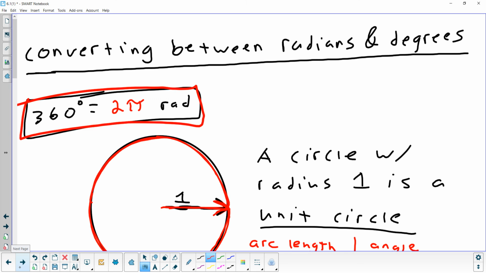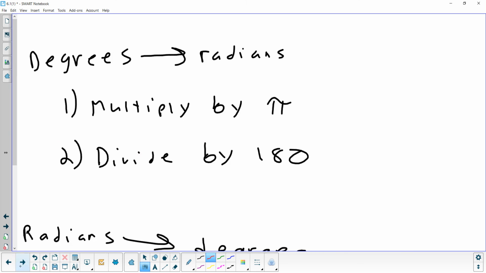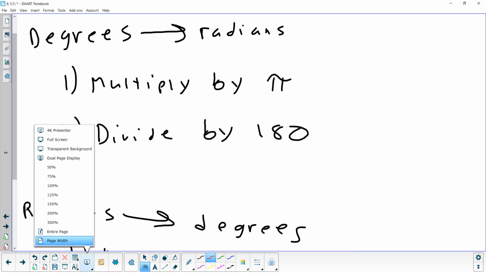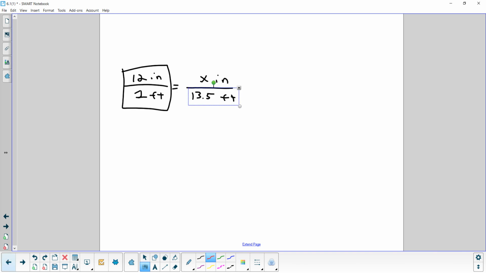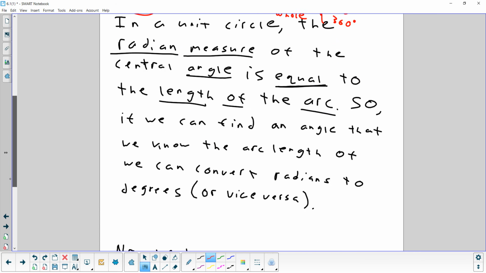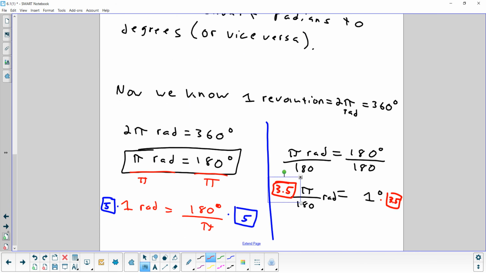All right, so in order to remember which way is which here, all you have to do is think of 2 things. When I say degrees, what I want you to think of in your head is 180. Okay, so when you see degrees, I want you to think 180.